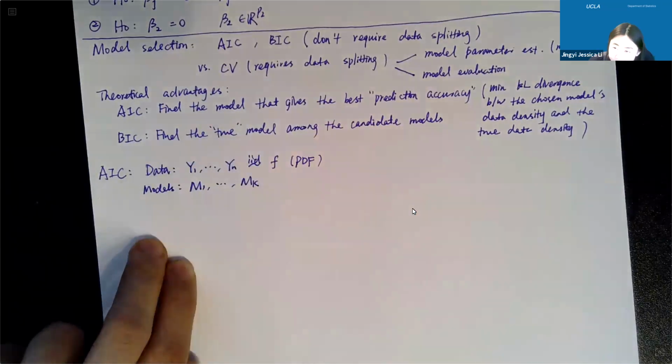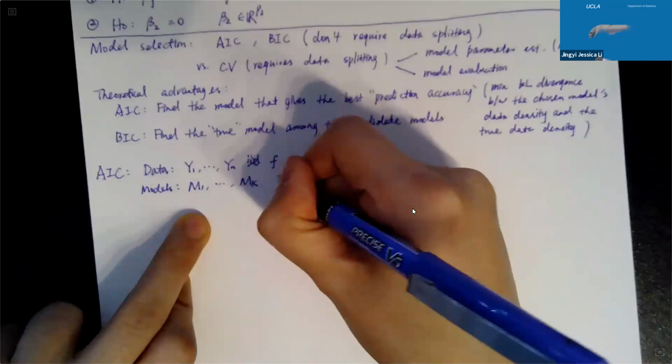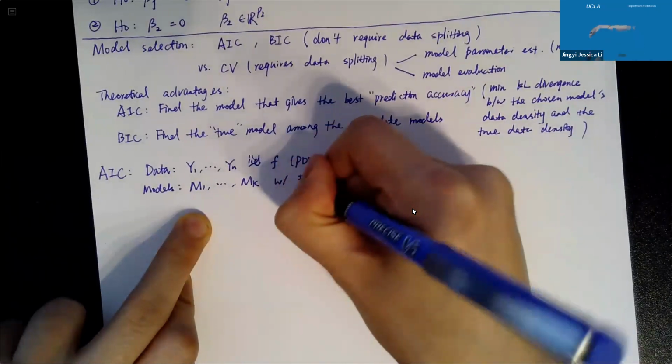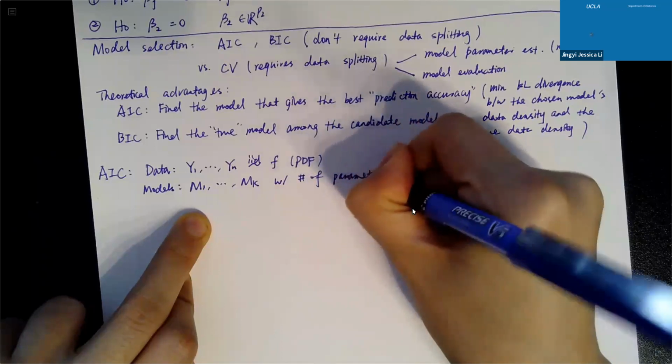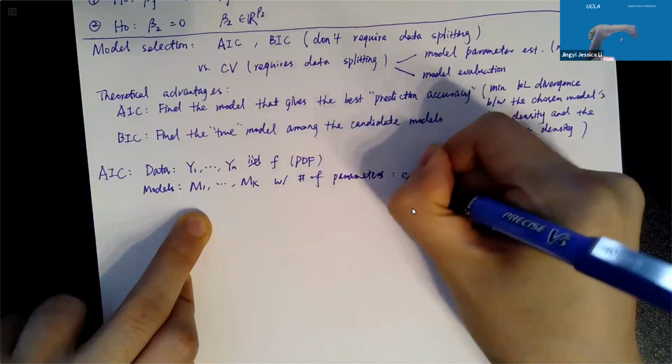Each of them has its own set of parameters, and their numbers of parameters we call d1 to dk.